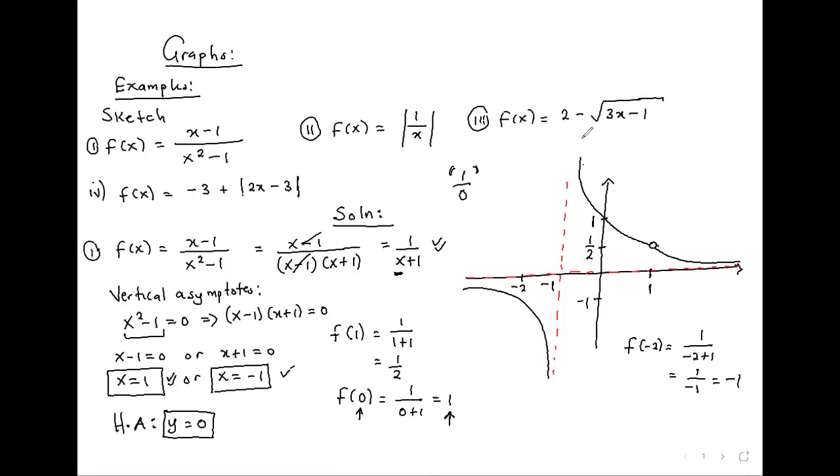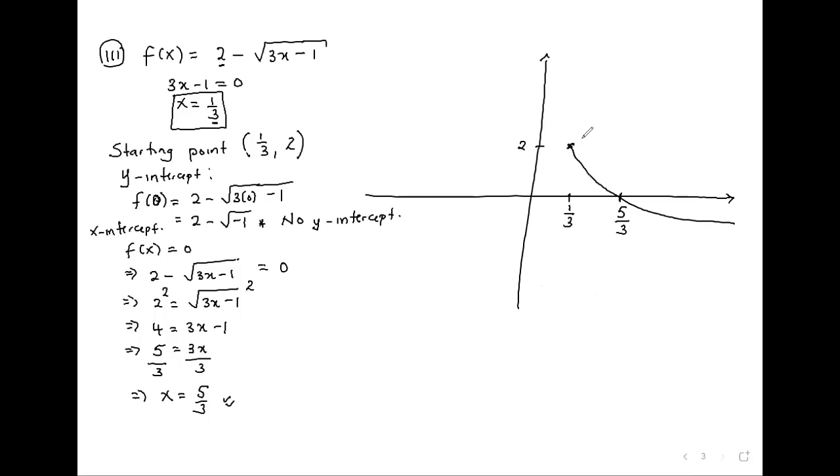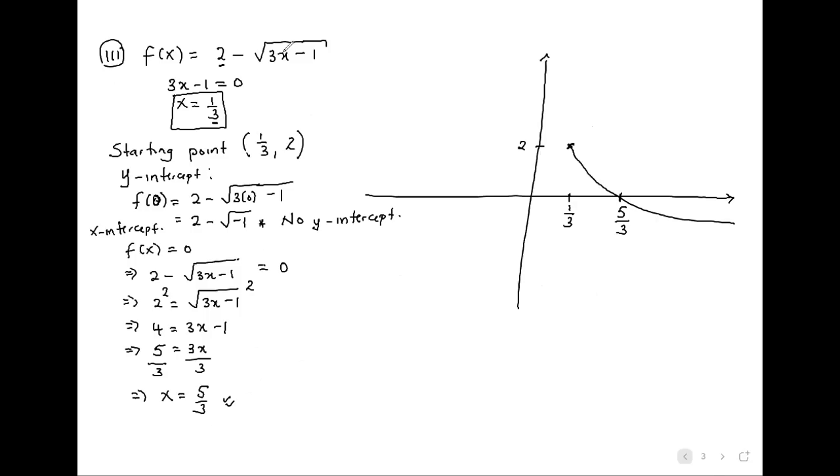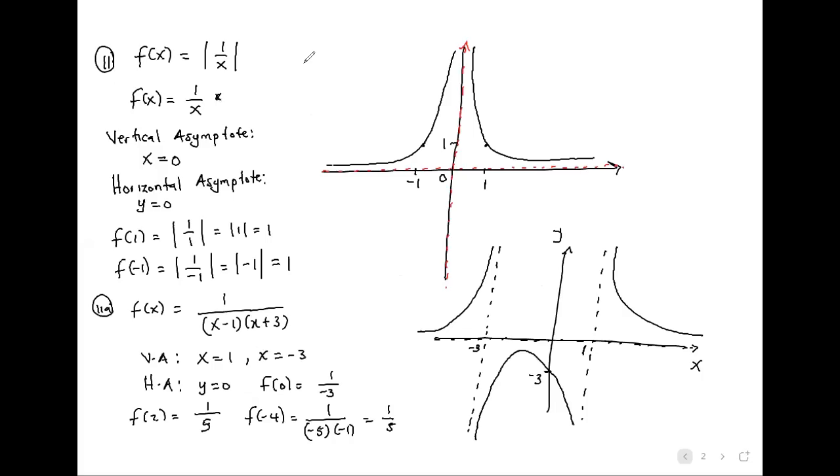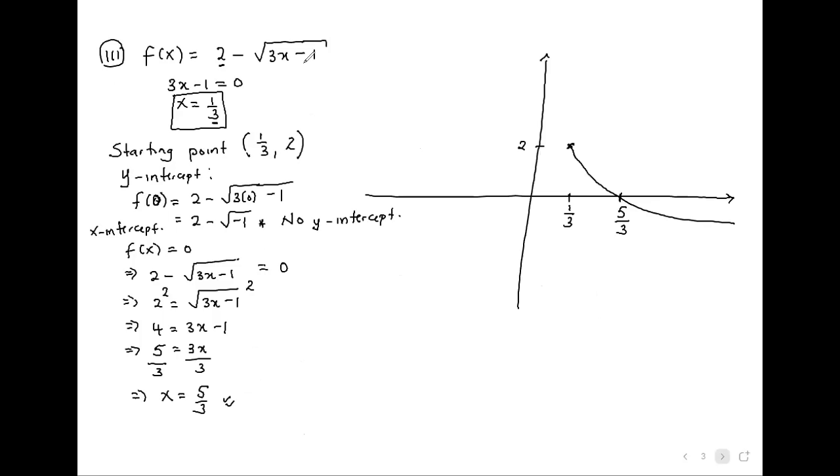Then f of x is equal to -3 plus the absolute value of 2x minus 3. Similar, you start with what is inside there, 2x minus 3, and you set it to 0. The value of x is 3 over 2.